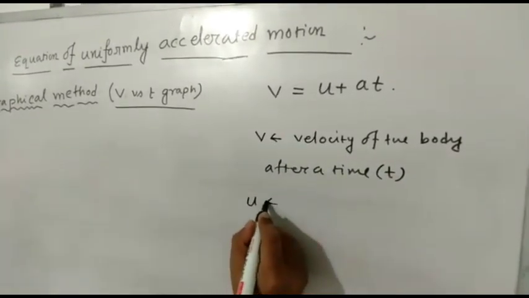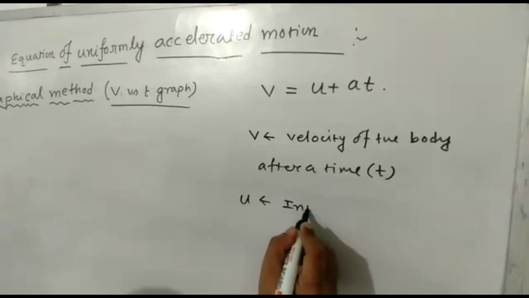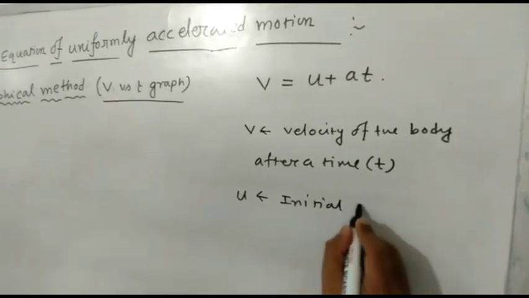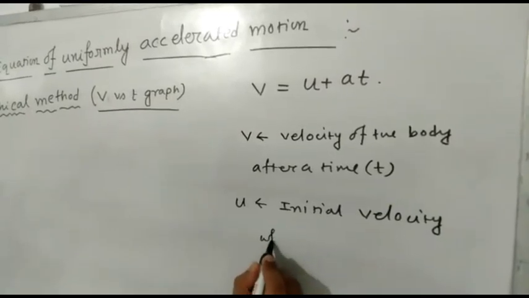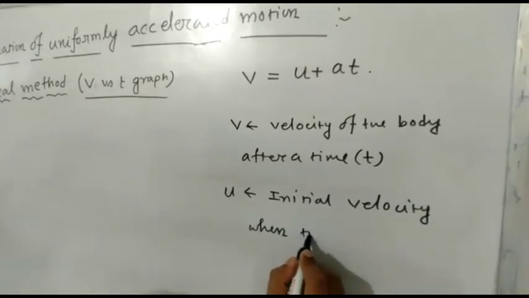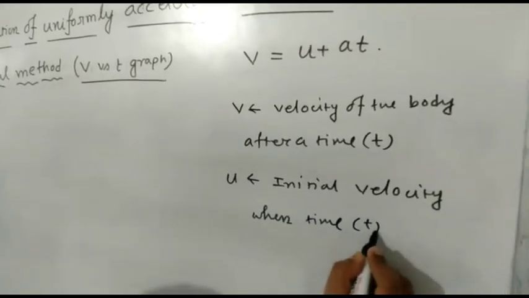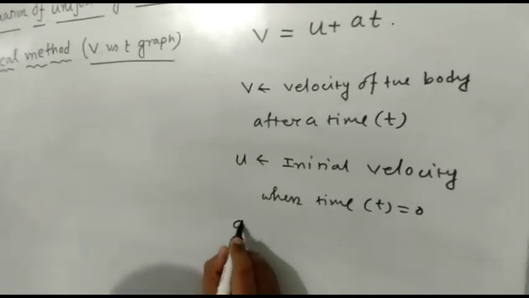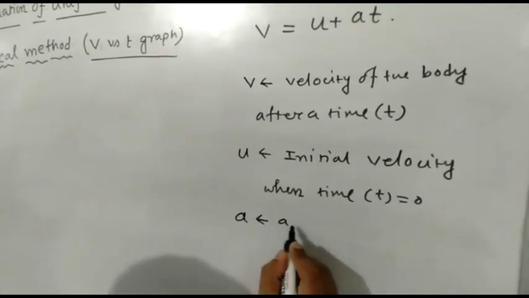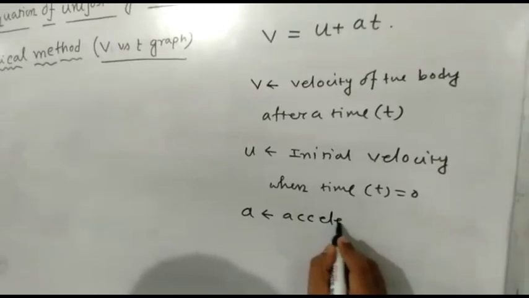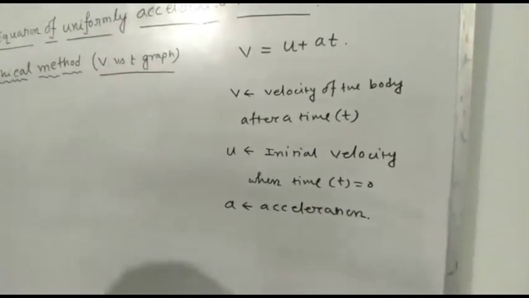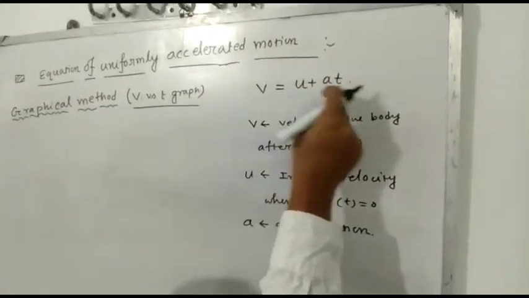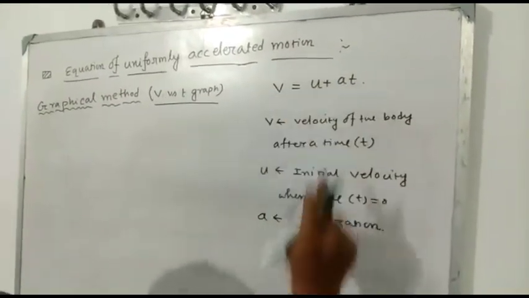U is the initial velocity when time t equal to 0. A is the acceleration, and t is the time taken for the velocity to increase from u to v.